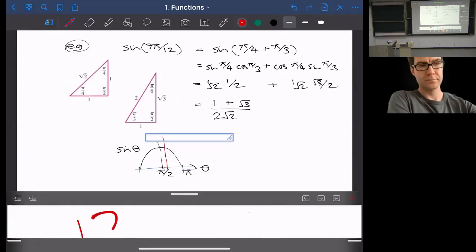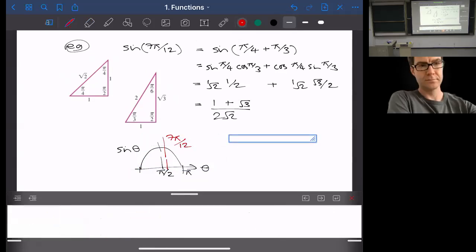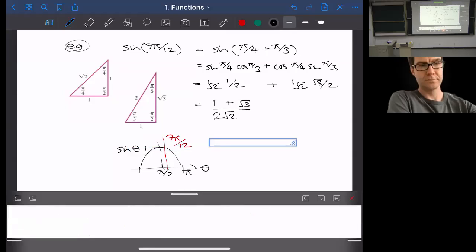So this is theta 7 pi over 12. So we expect the value of sine theta to be a little bit less than the maximum value 1.